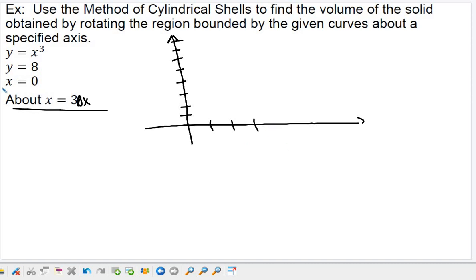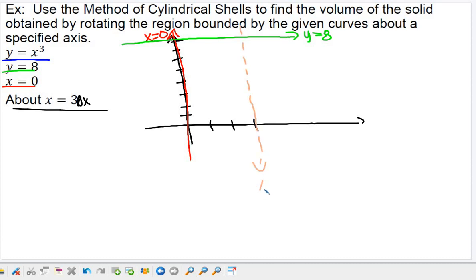Okay, so we have x is equal to 0, which is here. y is equal to 8, which is here. And y is equal to x cubed. So let me draw this in real quick. So x is equal to 3 is here.